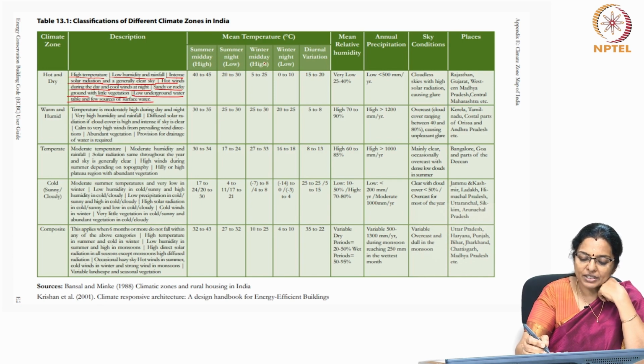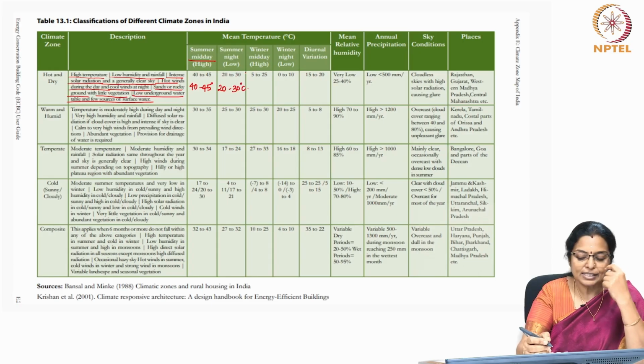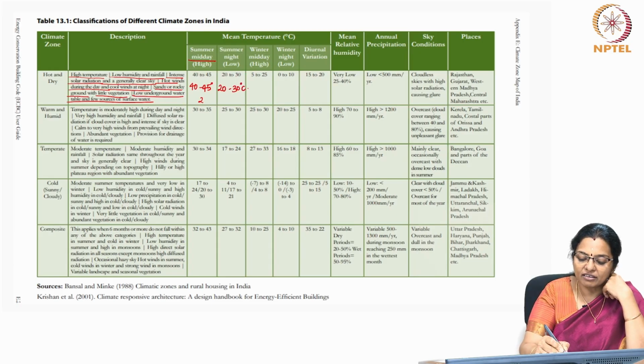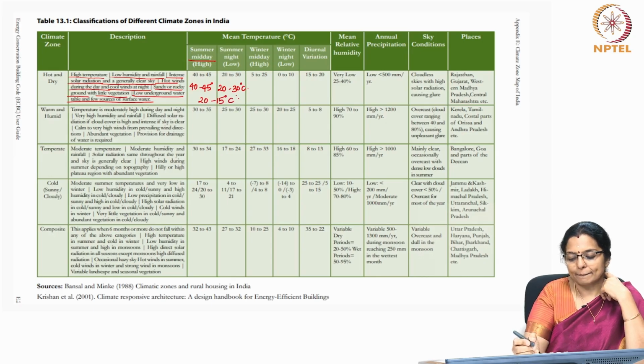So, they have a low underground water table and very few sources of surface water. The mean temperature during summer midday is between 40 to 45 degrees centigrade. The summer night temperature is between 20 to 30 degrees centigrade. So, you can see there is a diurnal variation of 15 to 20 degrees centigrade during summer.